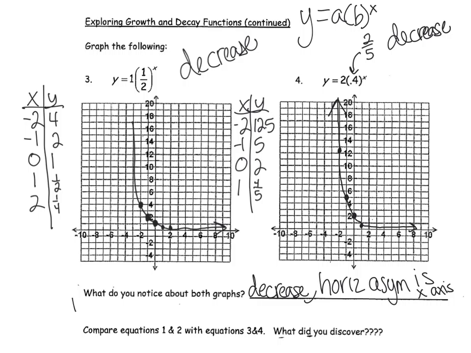In 1 and 2, the b is a whole number, and maybe 3 and 4 are fractions. You have a line to write it on. Equations 1 and 2, b, the number in parentheses, is a whole number. Now what about equations 3 and 4? What did we decide about that?